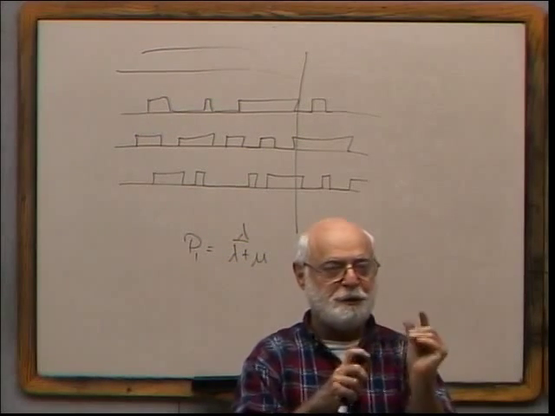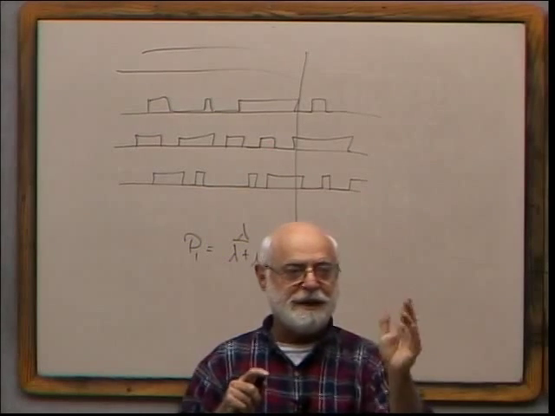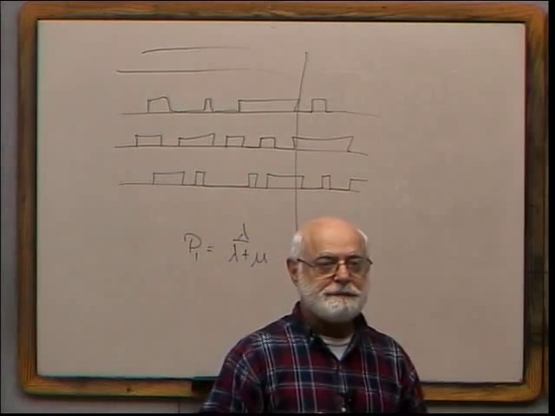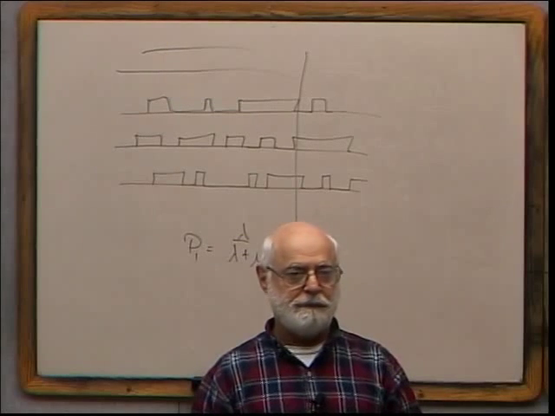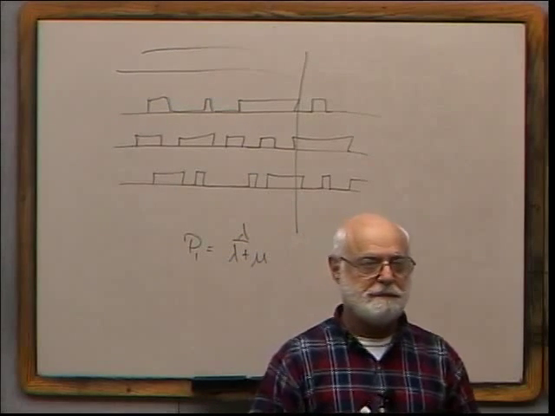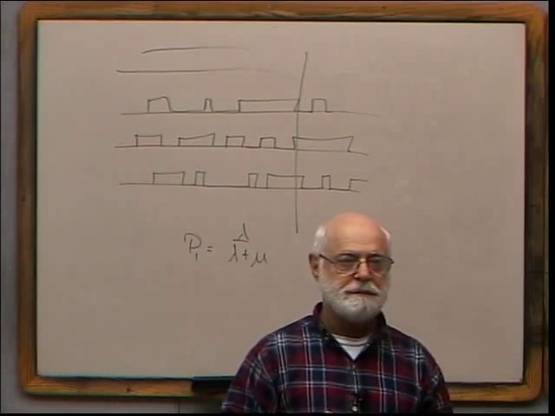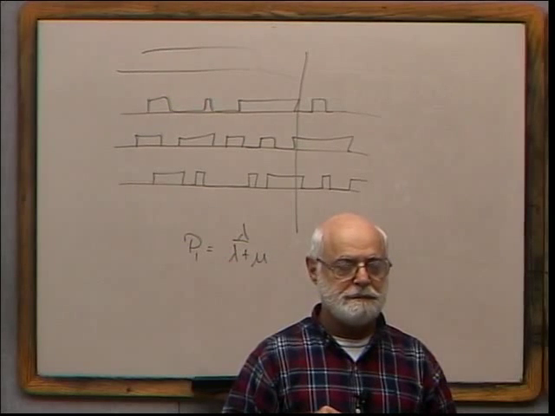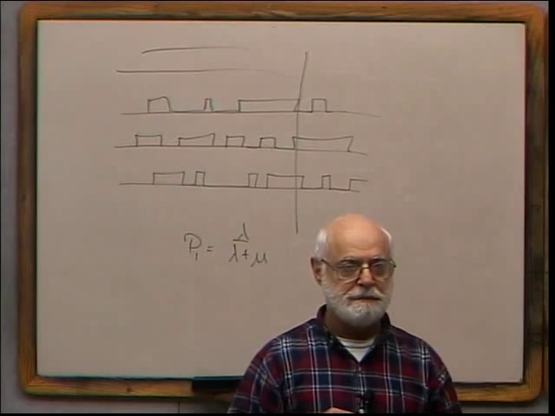Okay. So at any point in time, you observe the system. Some other point in time later, you can determine the probability that the system is going to be in state 1 or 0 using those equations up there. Right.